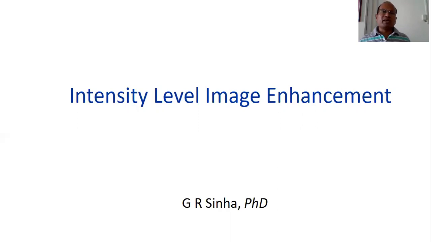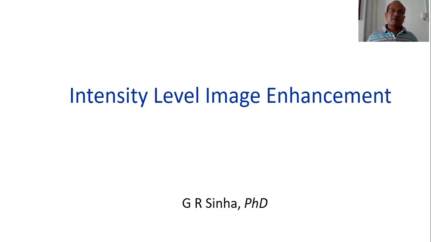In the frequency domain, we calculate the Fourier transform of the image, and whatever operation we want to perform, that Fourier transform is also calculated. Then we multiply them together, take the inverse Fourier transform, and get the enhanced image. Whereas in the spatial domain, we directly manipulate the pixel values.